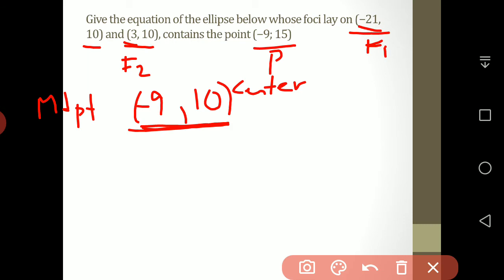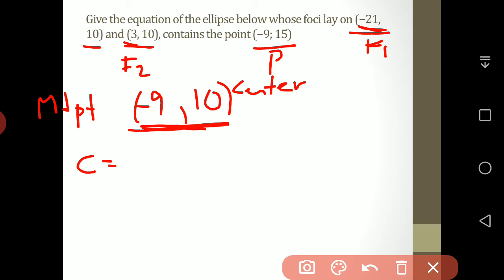We need to get some points here. Now C, you can get C here. C will just be the distance between this. What's the distance from negative 21, 10 to negative 9, 10? That is 12, right?